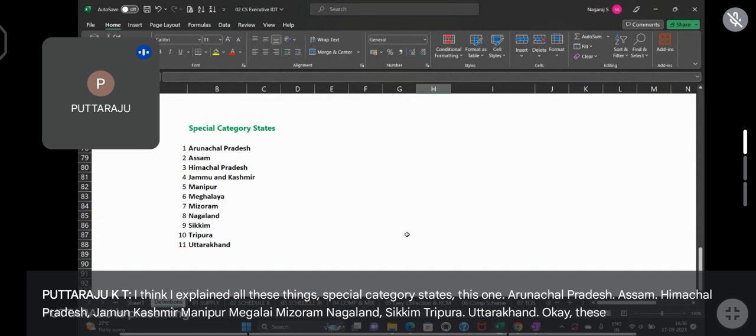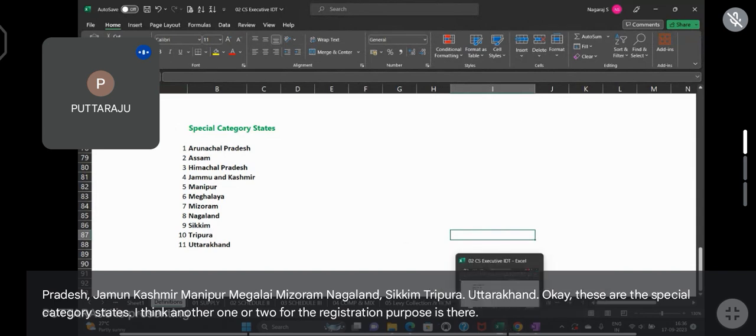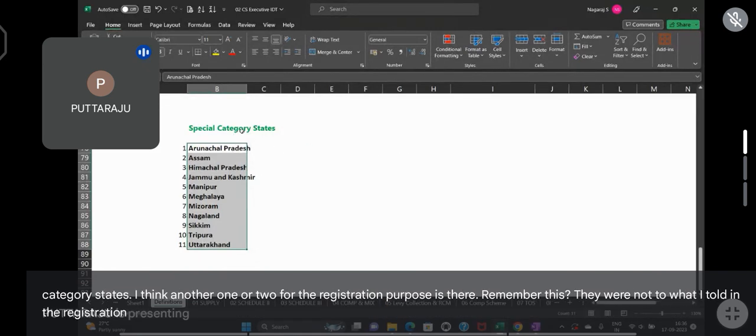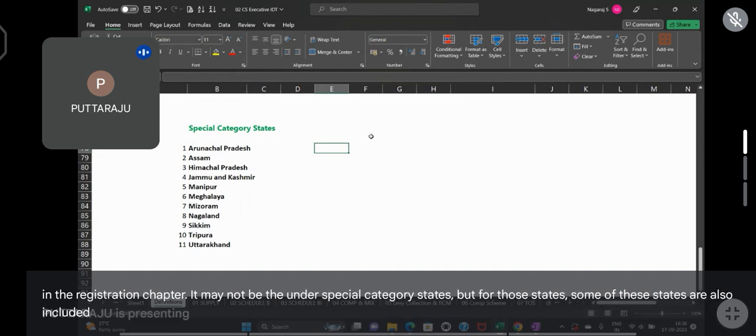These are the special category states. For registration purposes, one or two others may not be under special category states, but some of these states are also included for the threshold limit. You need to remember these special category states.